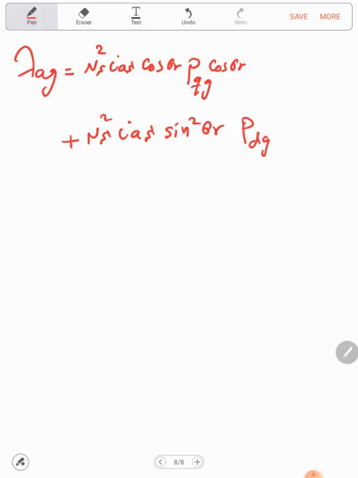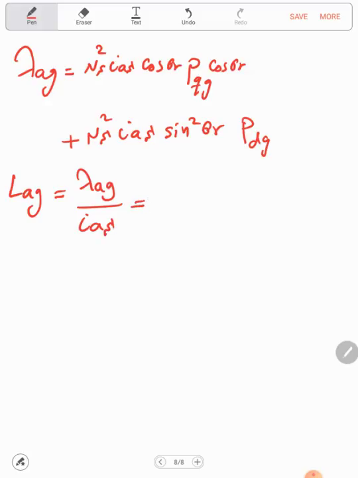So now we can calculate the air gap inductance, or the magnetizing inductance, which is the LAG, which equals lambda AG over IAS.